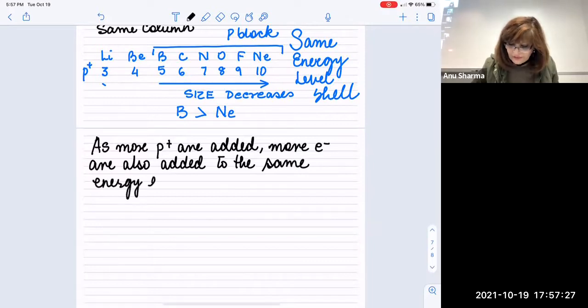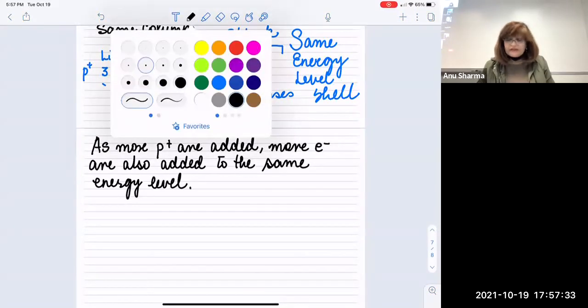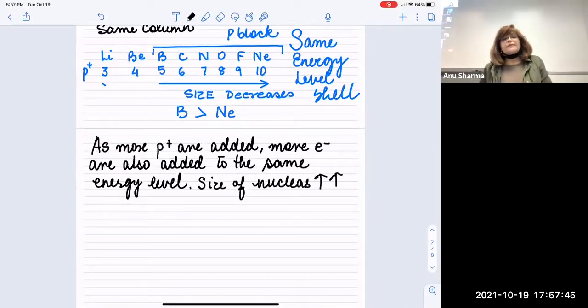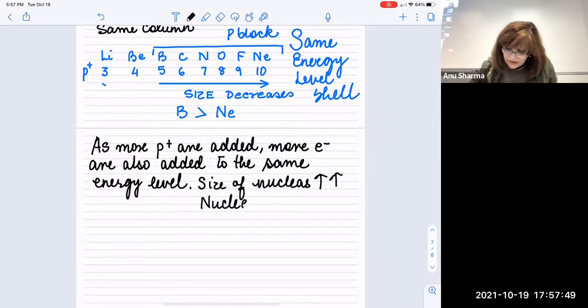Same energy level means same shell. So in the same shell, the distance from the nucleus is the same, but the size of the nucleus is increasing. When the size of the nucleus increases, what happens? The nuclear pull increases.